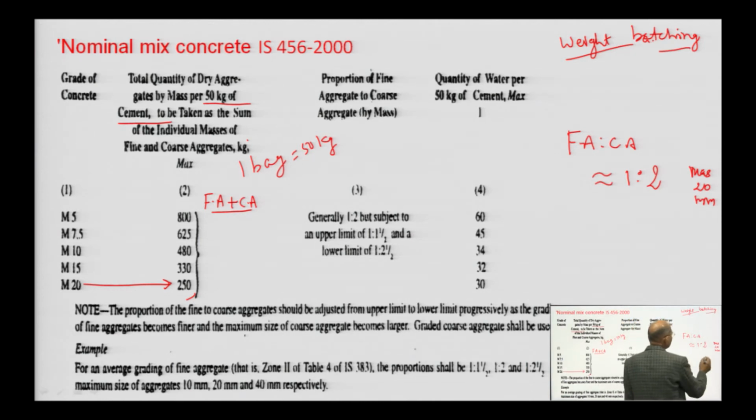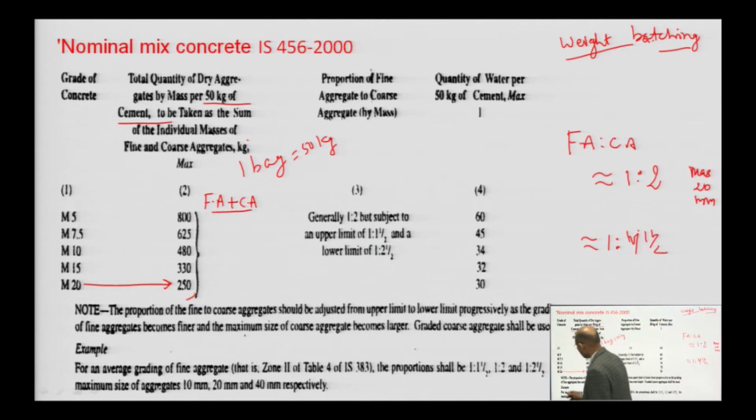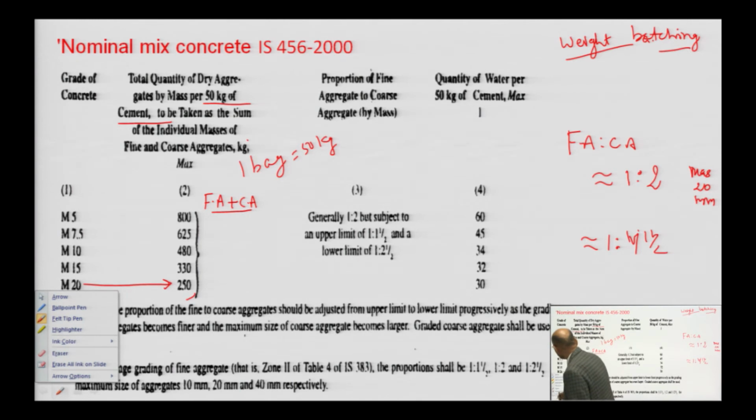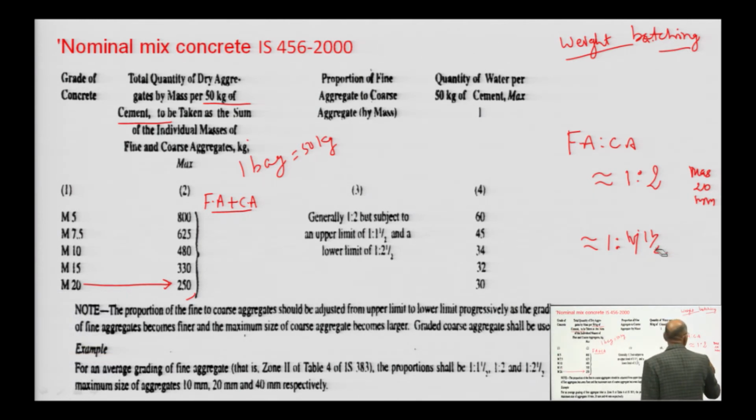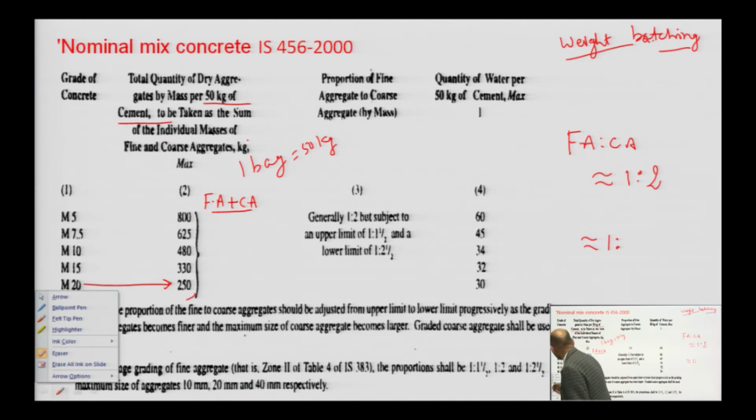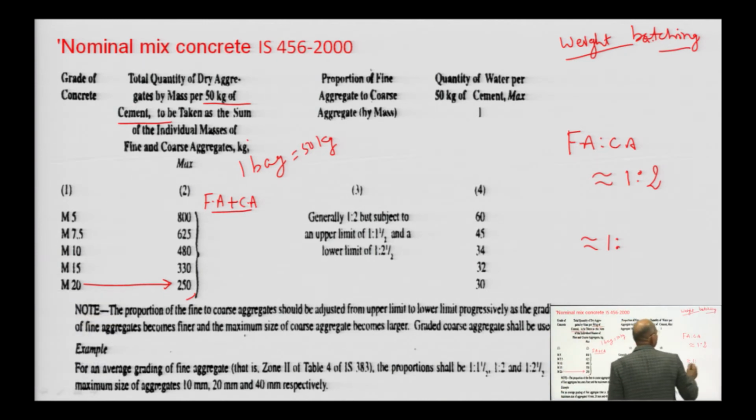So, in that case you can go with a ratio of 1:1.5. So, 1:2 is for 20 mm and down, and 1:1.5 is for 10 mm and down aggregate.